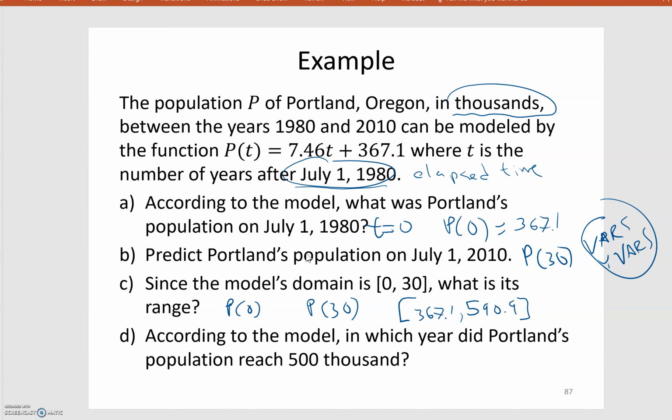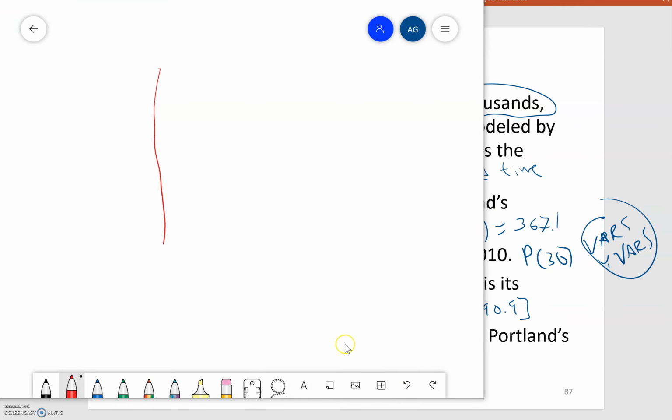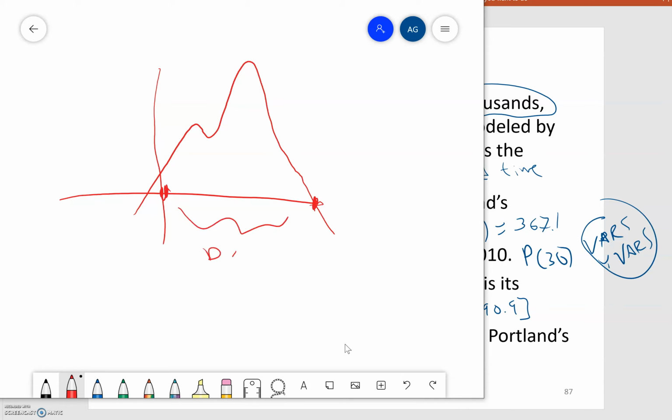Okay. Now let me caution you, you can't always find the range by this method. For example, imagine the function did that, okay? And I wanted to find the range from here to here. If that was my domain, the range is going to be from this point up.